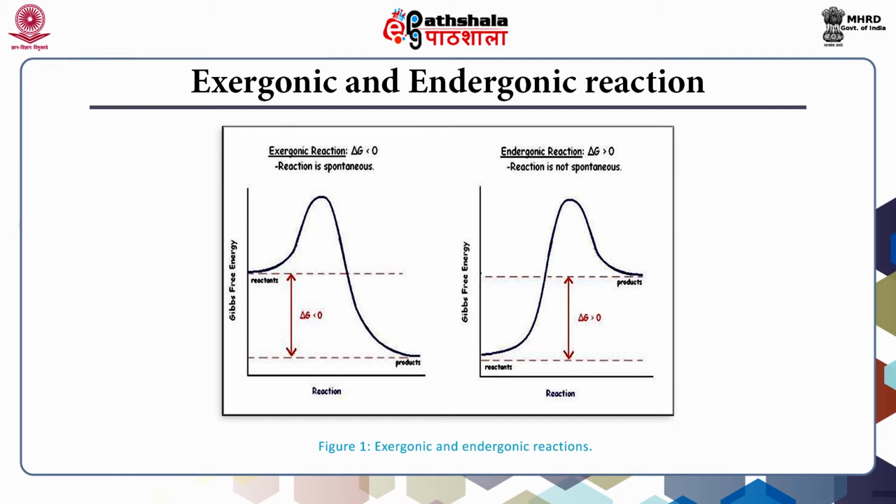In the endergonic reaction, we will see that the energy of the products is higher than the energy of the reactants. Hence, delta G, which is the difference in the Gibbs free energy of the products and the reactants, is positive or greater than 0 and the reaction is not spontaneous.